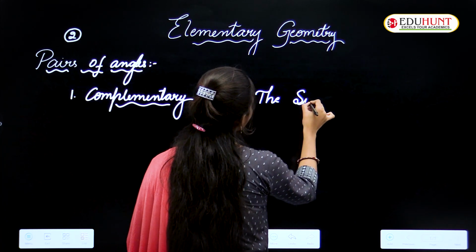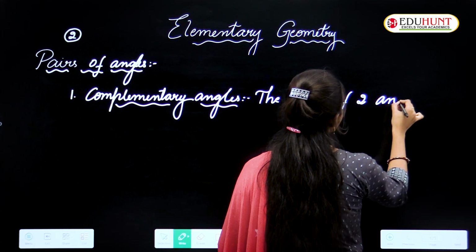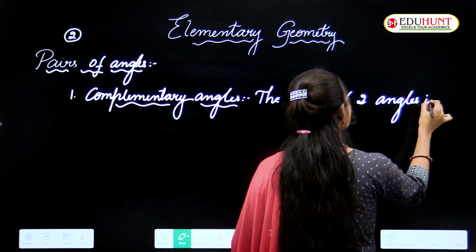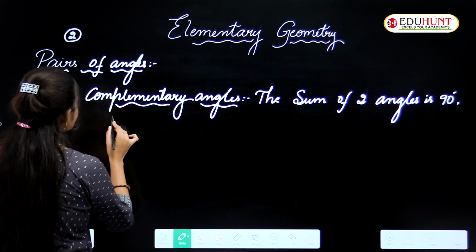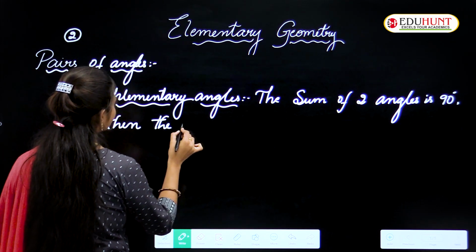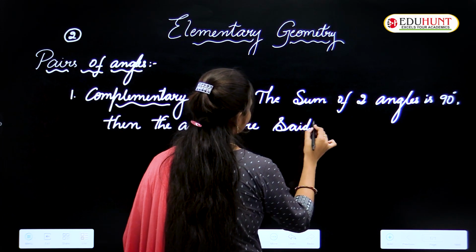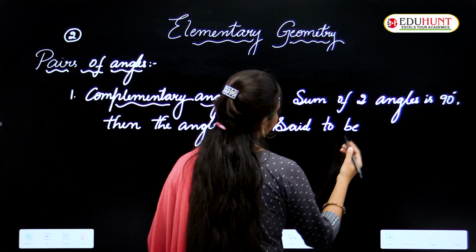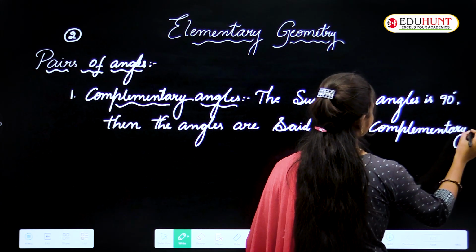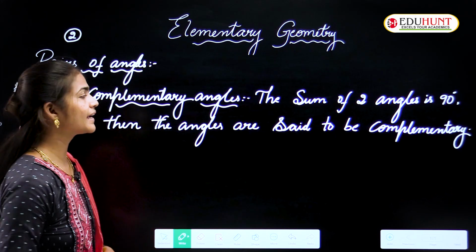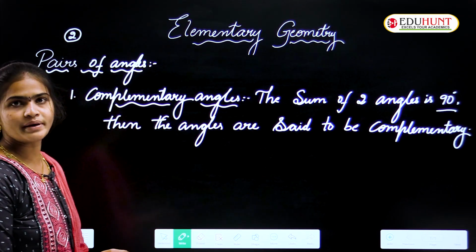The sum of 2 angles is 90 degrees, then the angles are said to be complementary. Here the sum of 2 angles is equal to 90 degrees, then we call those 2 angles complementary angles.